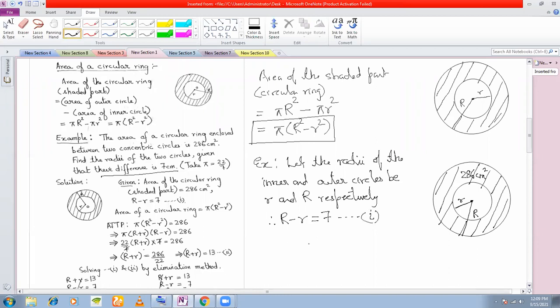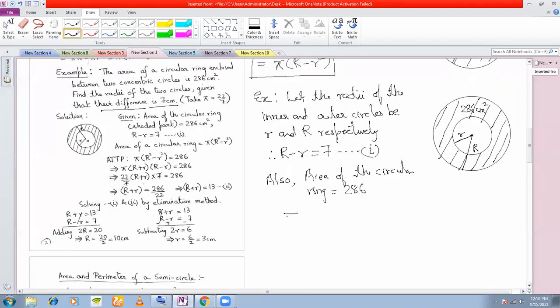Also, what is the area of the circular ring given? 286. Area of the circular ring is given to be 286. That means from the formula, what is the area of the circular ring? Pi times capital R square minus small r square. This must be equal to 286. Right?